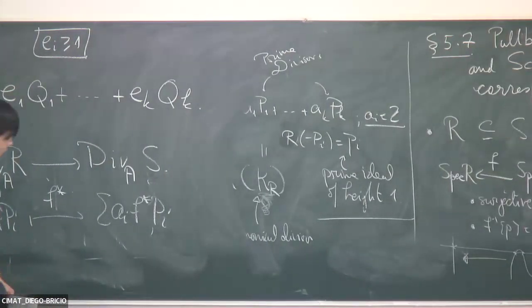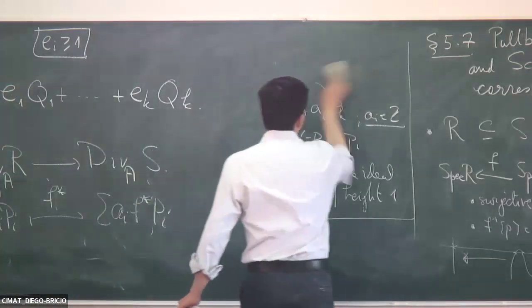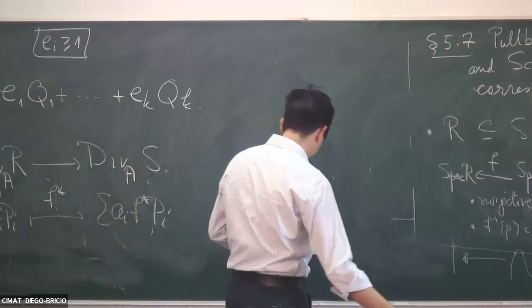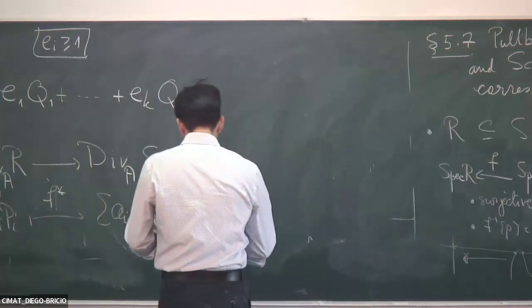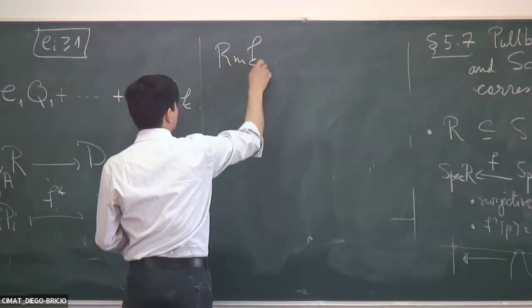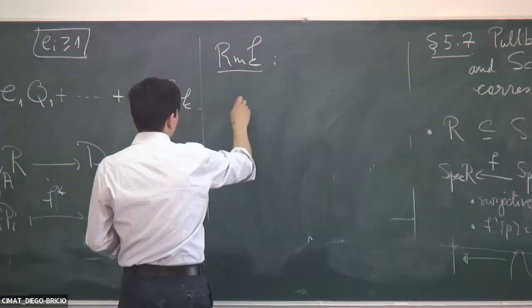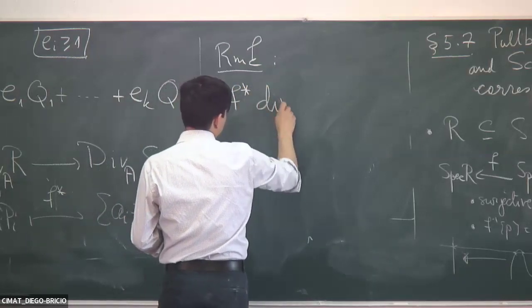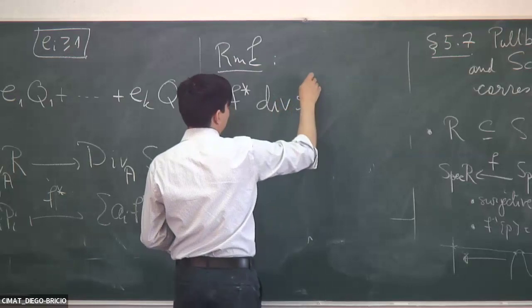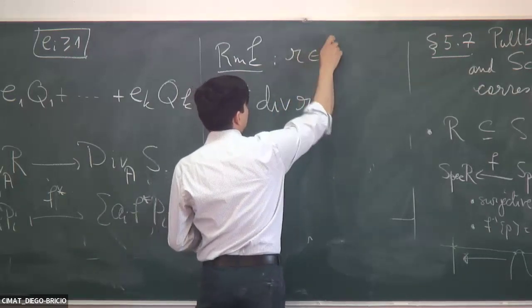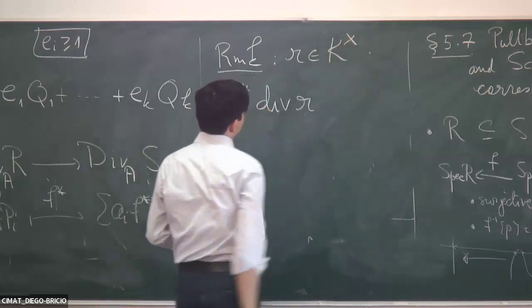And here is your first exercise for this section. So remark, by remark I mean exercise. What happens if you try to pull back the divisor of an element of R? Let's take r to be an element here.